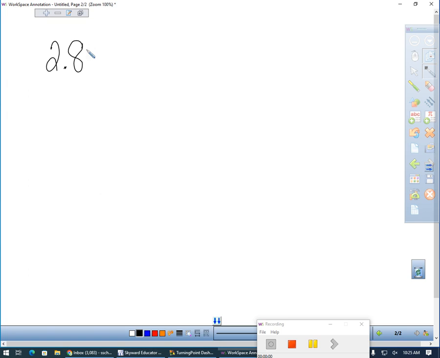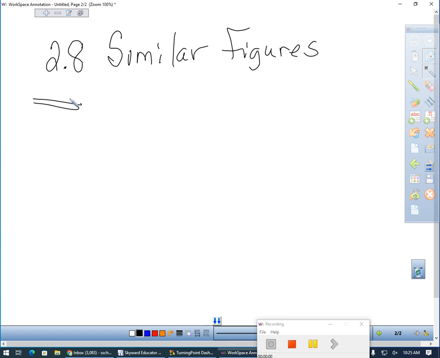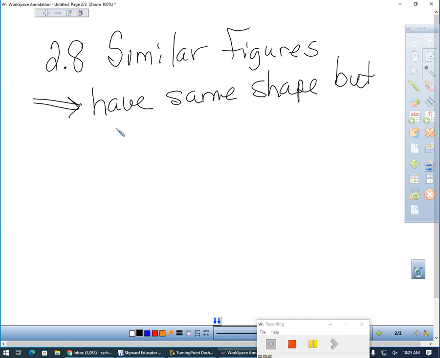So, 2.8, we are talking about similar figures. Similar figures have the same shape, but different size.